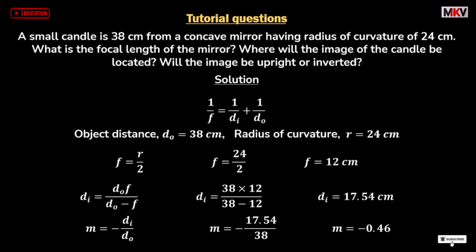Inputting the values, we have di to be 17.54 and d naught to be 38. Therefore, magnification is minus 0.46. Having the magnification to be negative means the image would be inverted.